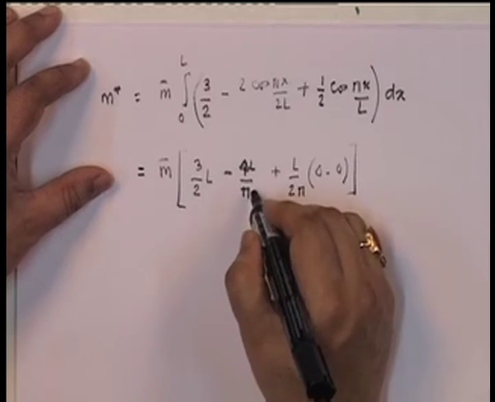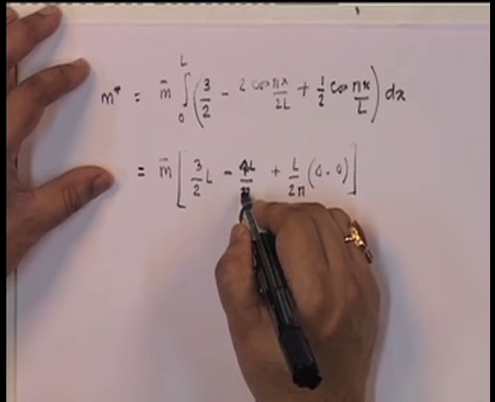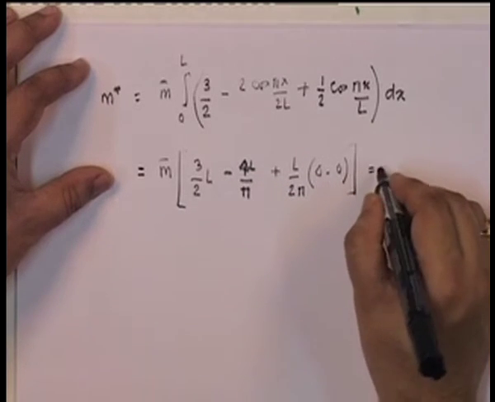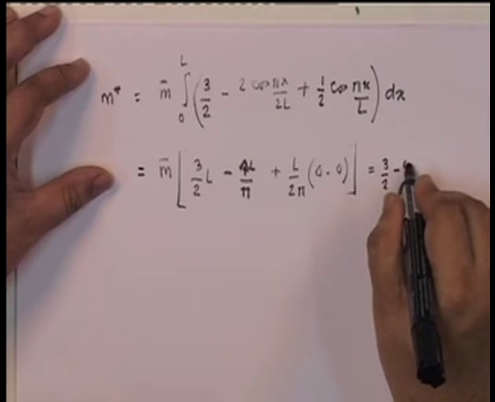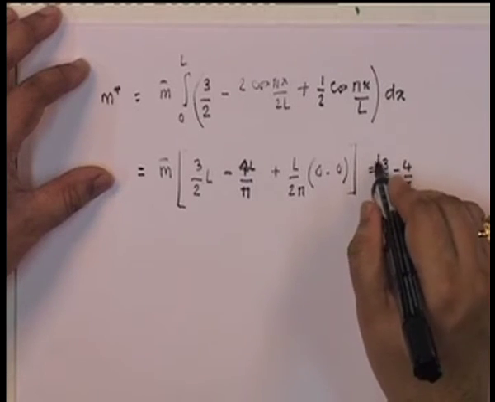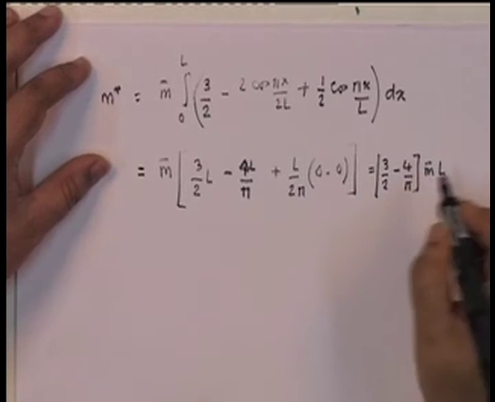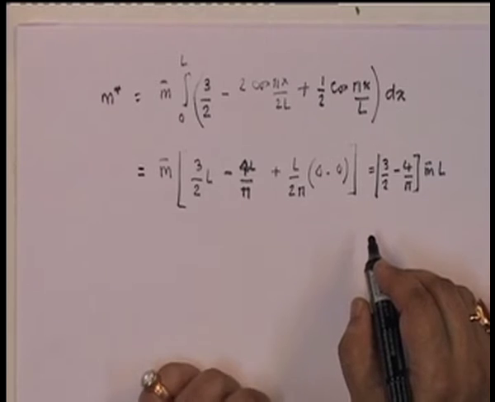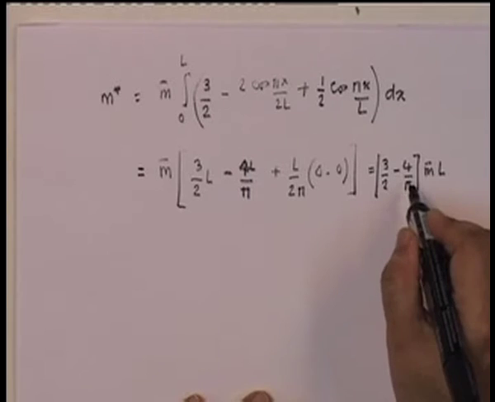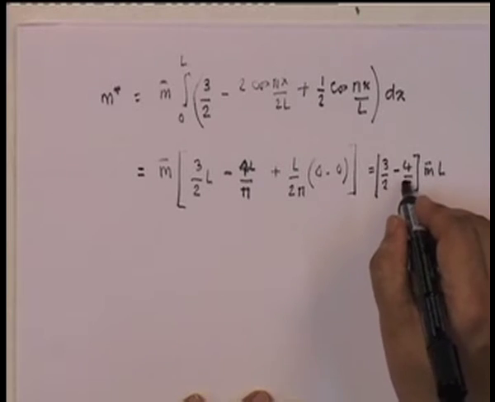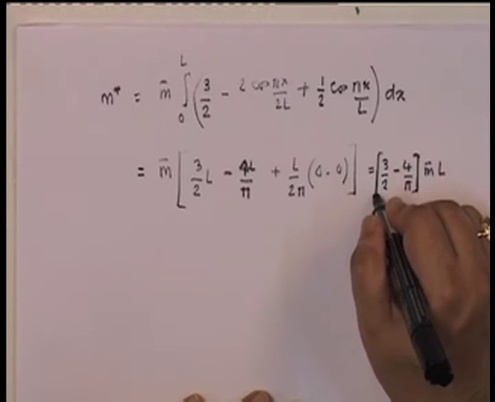So, what I get is equal to 3 by 2 minus 4 by pi. Okay. So, this becomes (3/2 minus 4/pi) m bar L. And if you look at this one, it turns out to be equal to 1.5, and this particular one, let us just leave it in this fashion.